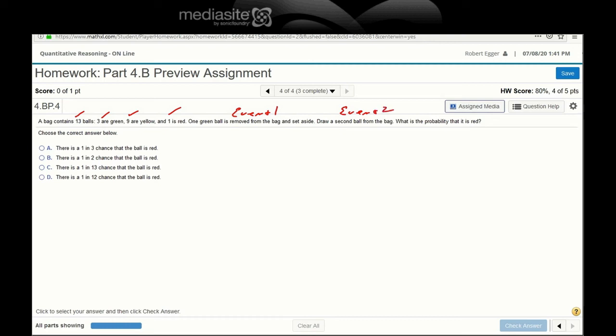From event 1, 13 balls minus 1 ball gives us 12 balls left. Start with 3 green. Removed 1 green.